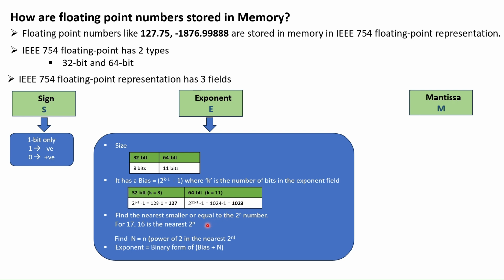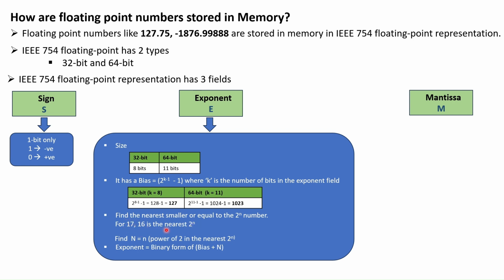After that, what will we do? For any given number, we will take its nearest power of 2, which should be less than the number. Let's say you are given 17. The nearest power of 2 is 16, because 16 is 2 power of 4, so that is near to 17.